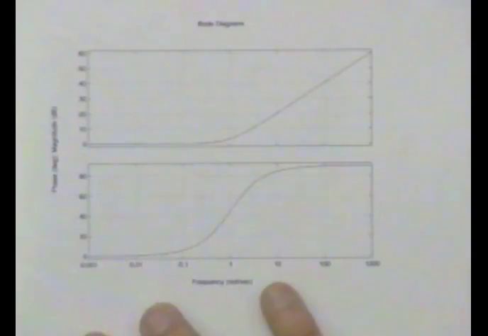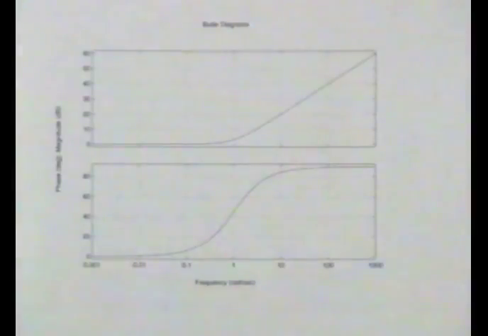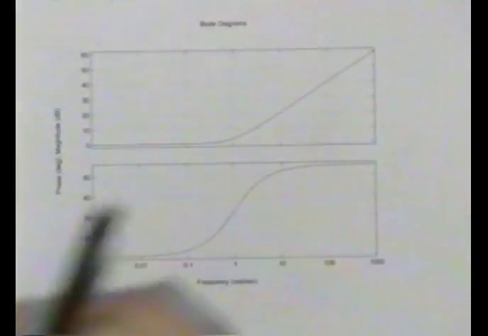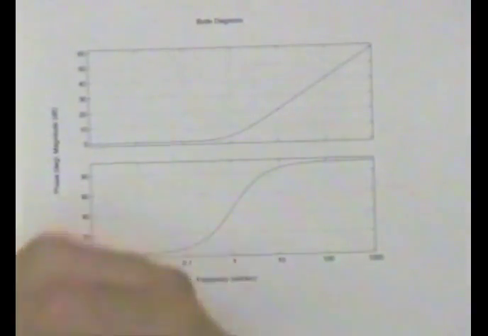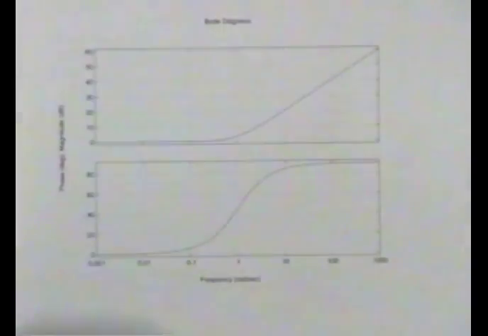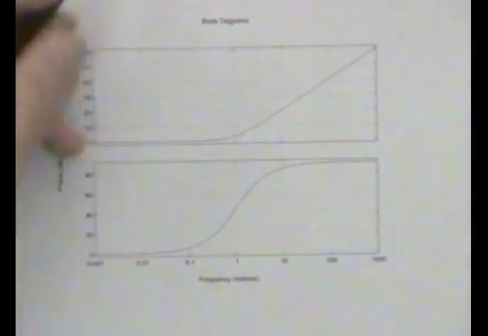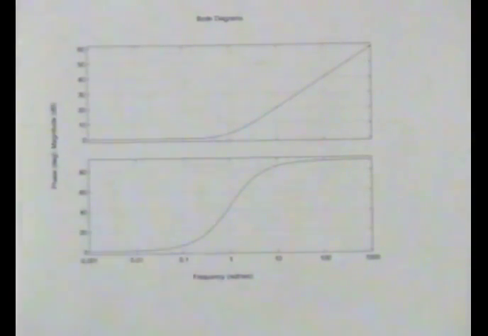But before we do that, I want to do something else. It's just to note the distinction for when we have a 0 at the origin, excuse me, when we have a 0, in this case, the choice was -1.